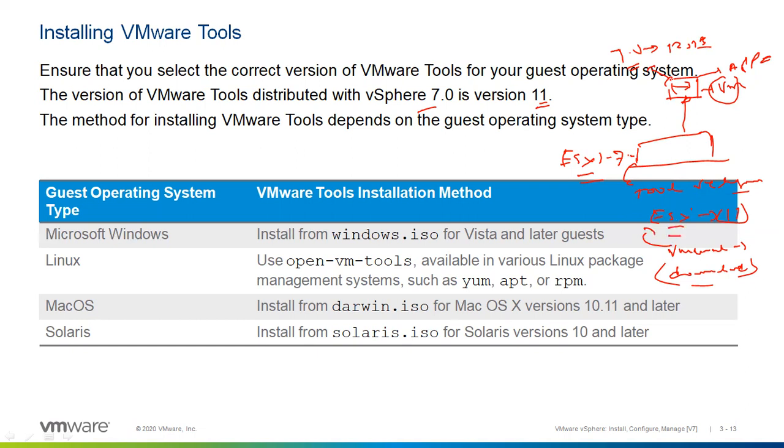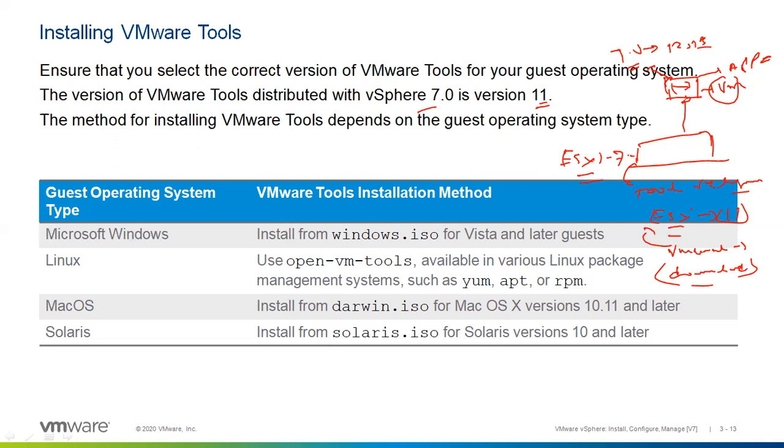Then from the VM settings, choose the right version of tools required for that application. But this is seen very rarely, out of 1,000 VMs you might have 1 or 2. It is just a use case I'm telling you, but if you need to do that, you should be aware of the process as well.